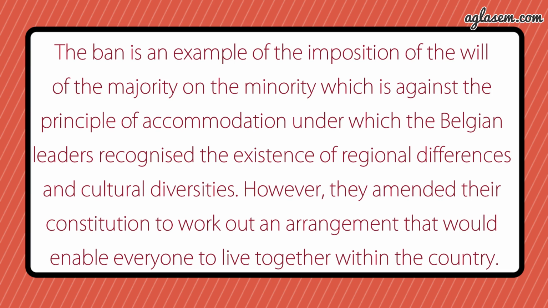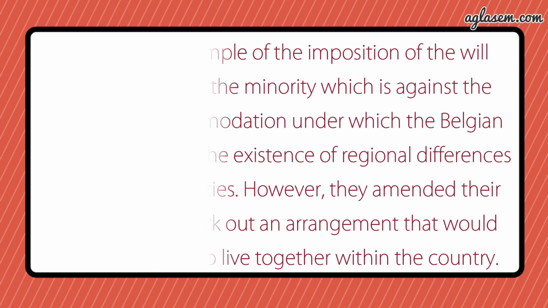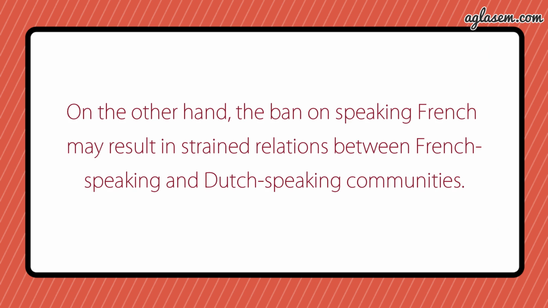However, they amended their constitution to work out an arrangement that would enable everyone to live together within the country. On the other hand, the ban on speaking French may result in strained relations between French-speaking and Dutch-speaking communities.